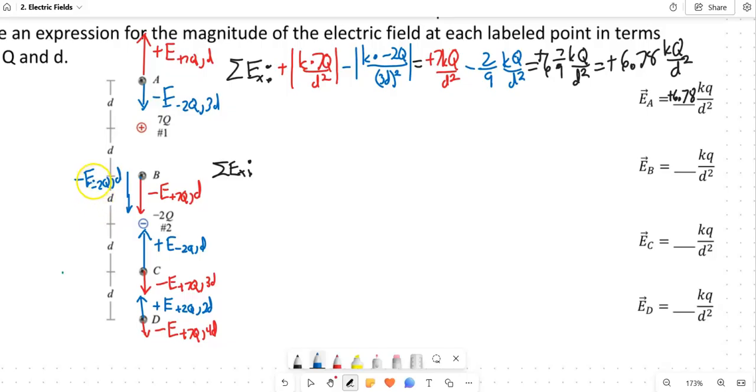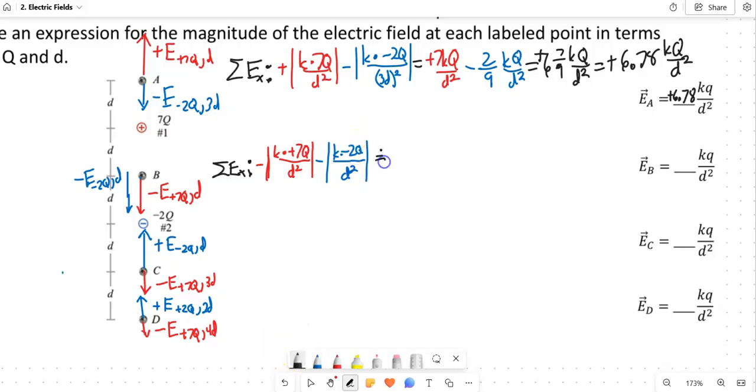So this guy's electric field, well actually I'll start with red first since I did that up here. So negative, and you have a k times a positive 7q all over a distance d away that we're going to square. The negative charge, its electric field is also pointing down, negative 2q, and its distance d away, so we square that.